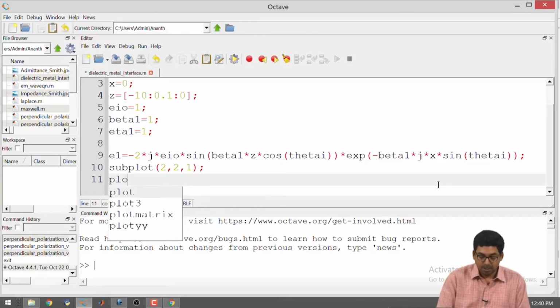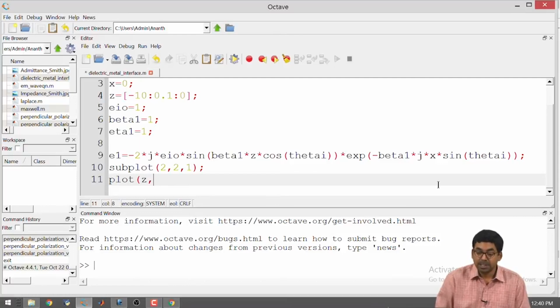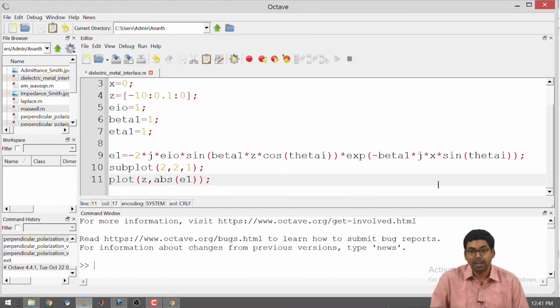I want to create a plot of position z, and then plot the absolute value of E1. I want to see the magnitude of E1 involving both the reflected and the incident field summed up together, the total fields. I will also give a title to it, because later on we will be having different plots. I am just saying absolute value of E, in this case it was Ey.